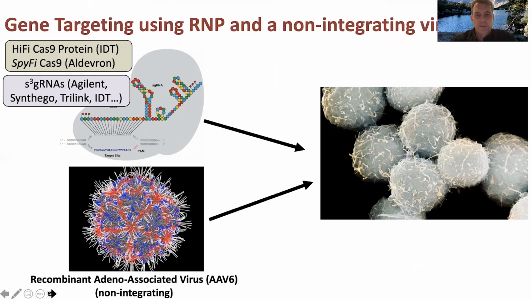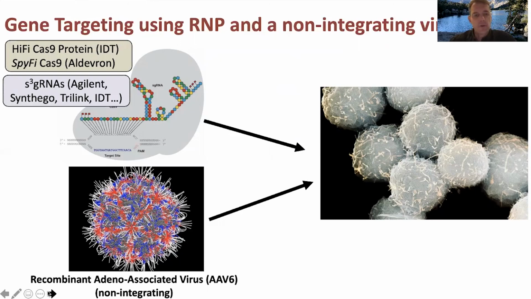We then deliver the nuclease as a ribonuclear protein complex in which a purified Cas9 protein, and we use high fidelity versions first discovered by IDT, but now also licensed and sold by Aldevron, complex to what I call an S-cubed guide RNA. S-cubed because it's synthetic, single, and stabilized by end modifications to protect it from nuclease degradation. And we deliver this RNP complex by electroporation.